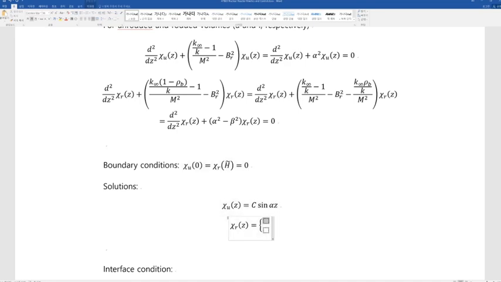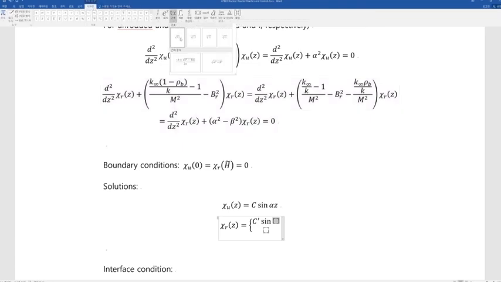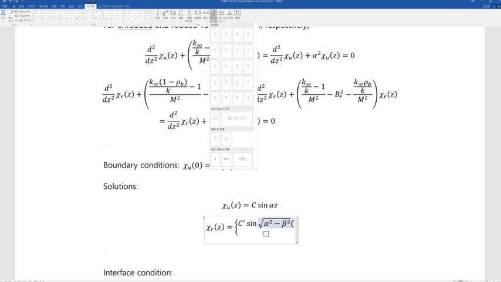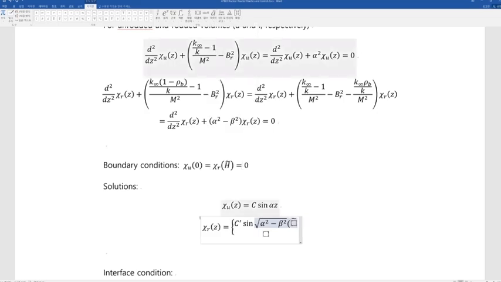So basically it has some constant multiplied with sine of, here, because we have alpha squared minus beta squared, the square root of alpha squared minus beta squared, and the distance from the top, h minus z.